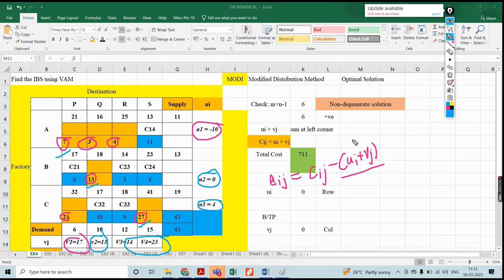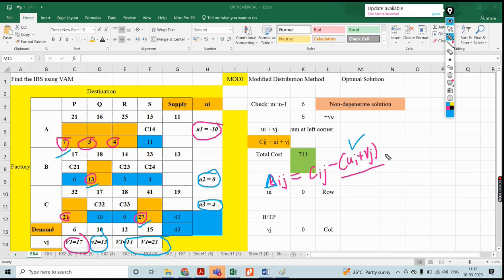Then we have the value of Ui plus Vj. But what I want is the net change in value, that is, delta ij equal to Cij minus (Ui plus Vj). I have to identify it.